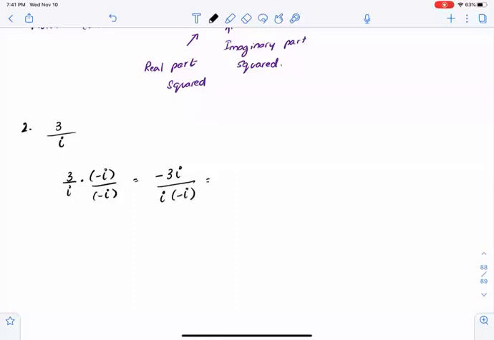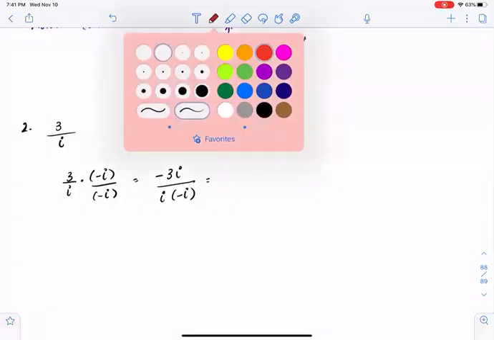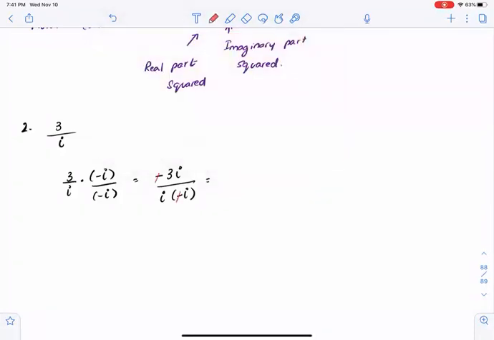The negatives would go away. So I will have 3i divided by i times i, which is i squared. But i squared is negative 1, so 3i over negative 1, which is simply negative 3i, or 0 minus i multiplied by 3. So the imaginary part is negative 3, and the real part is 0.